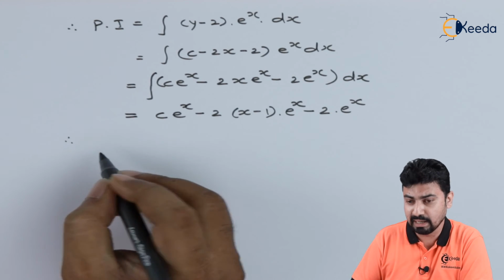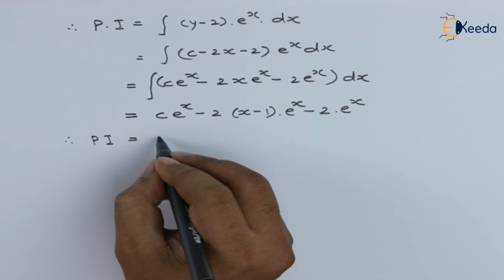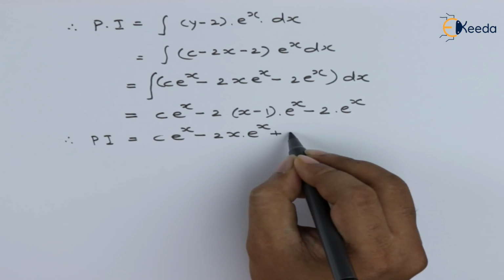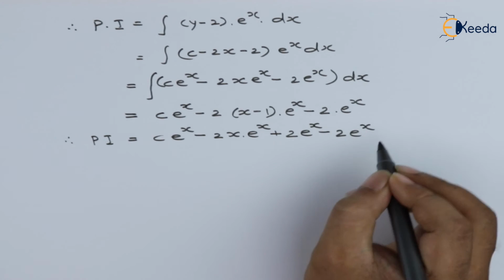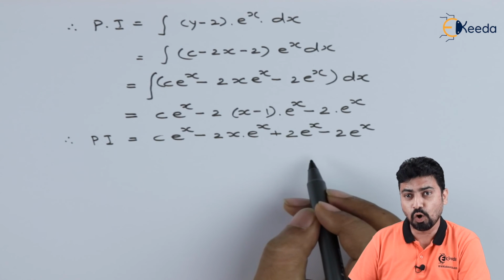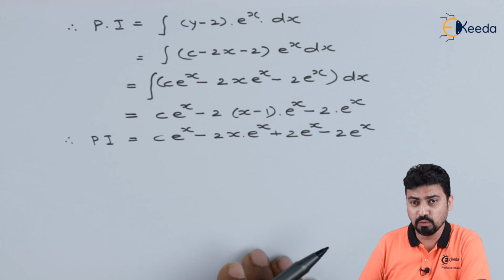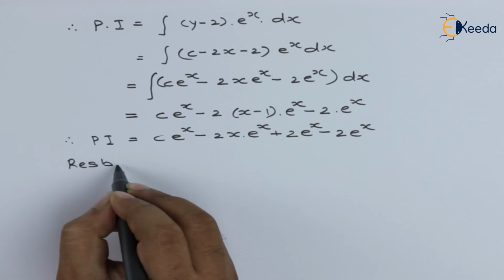Therefore, we get our PI as, the last two terms get cancelled. Also, we resubstitute c is equal to y plus 2x.